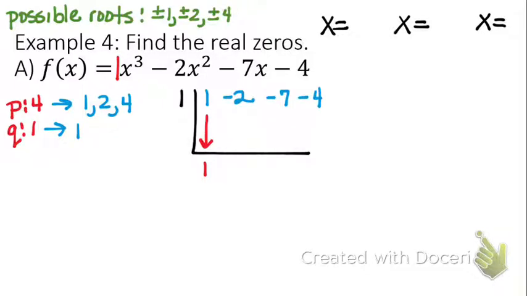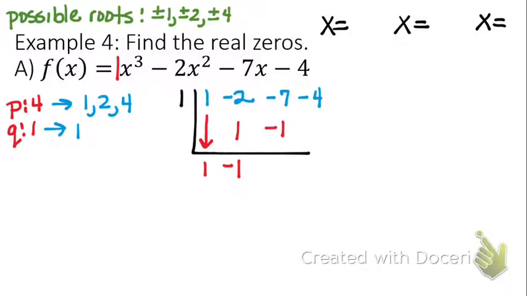And then from here, you multiply this number by our possibility. What's 1 times 1? Put that under the negative 2. Add. What's negative 2 plus 1? Negative 1. Multiply negative 1 times 1. Negative 1 times 1 is negative 1.